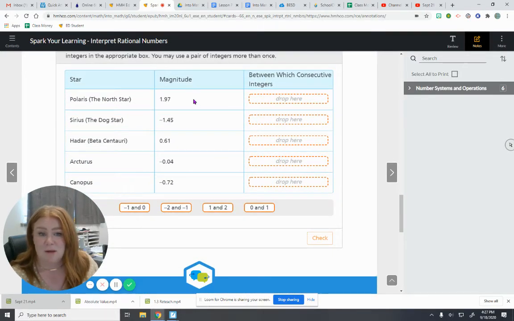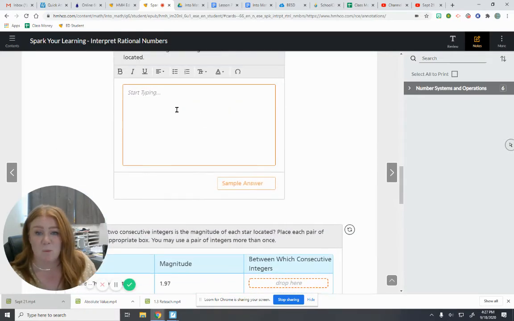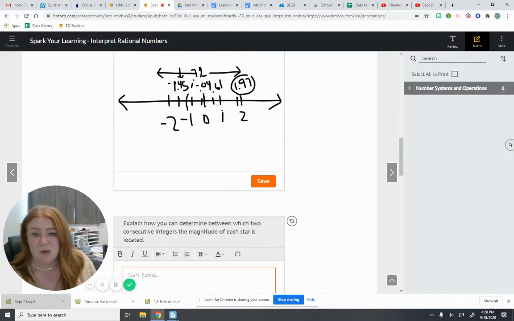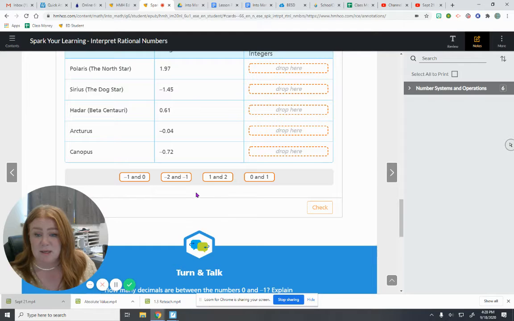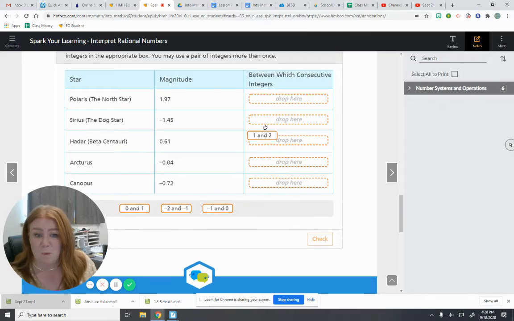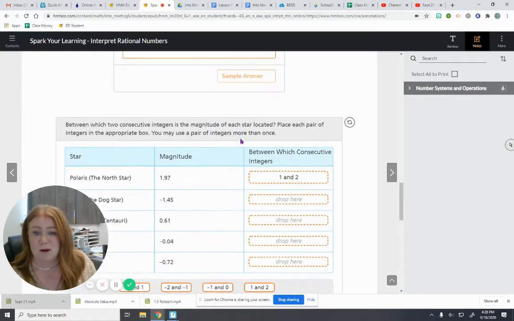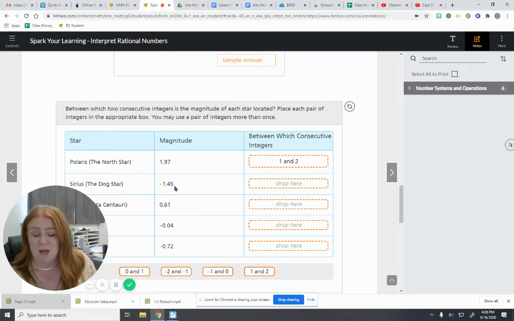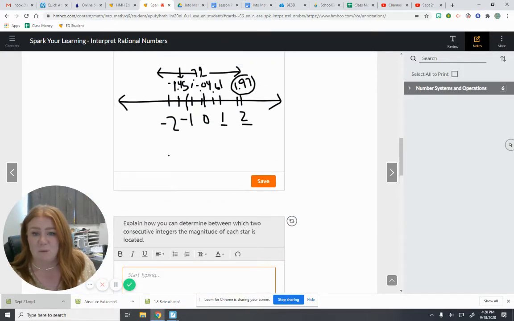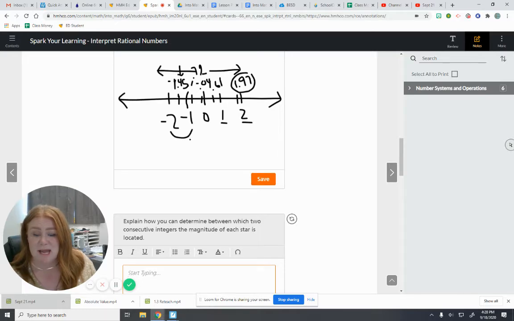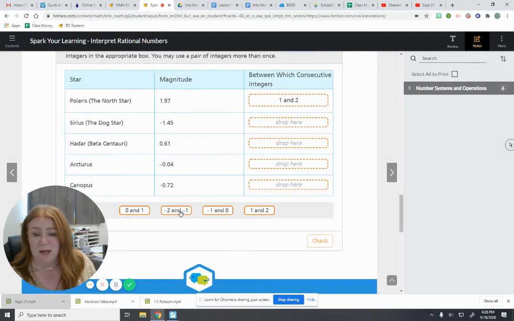So on here, we're talking about the magnitude and what consecutive integers it goes between. So I said 1.97 was between the integers of 1 and 2. So down here, I'm going to look for 1 and 2, drop those there. So now I'm looking for -1.45, which I said was between -2 and -1.